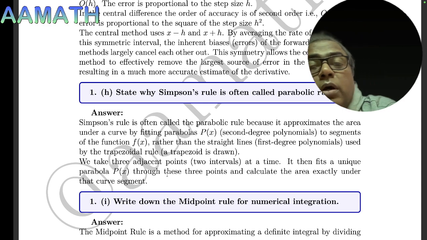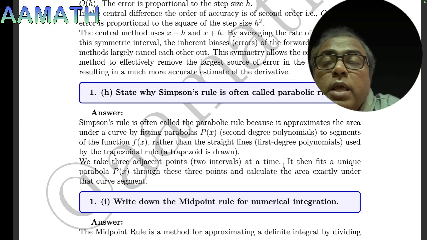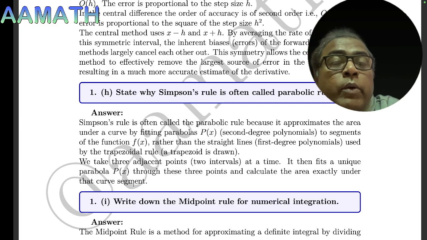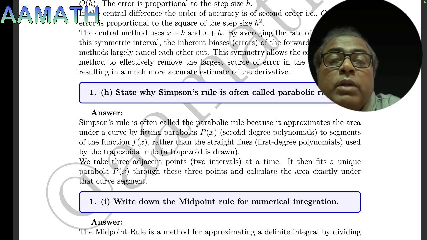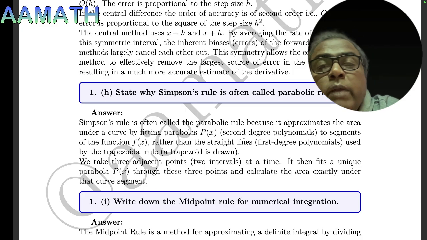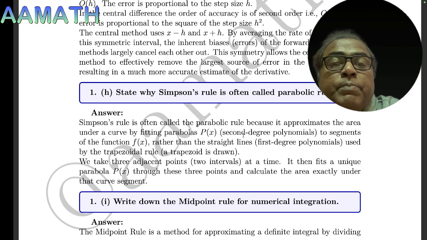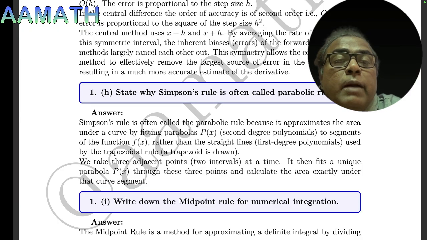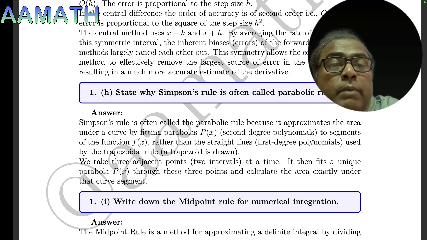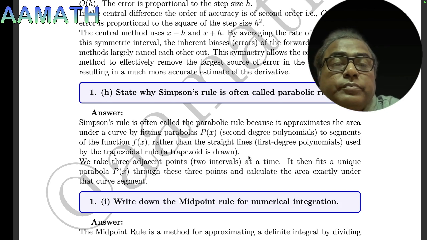So it is for two intervals, an even number of intervals, the Simpson's one-third rule, and it then fits a unique parabola p(x) through these three points and calculates the area exactly under the curved segment. This is a second degree parabola, that is ax squared plus bx plus c. This is p(x), the approximate parabola approximating the exact curve f(x).